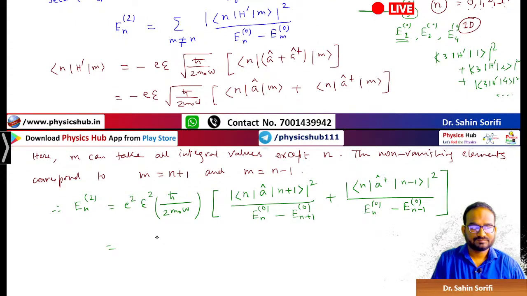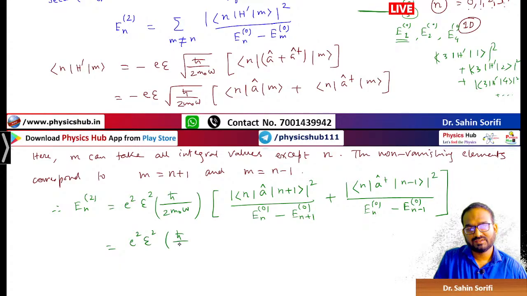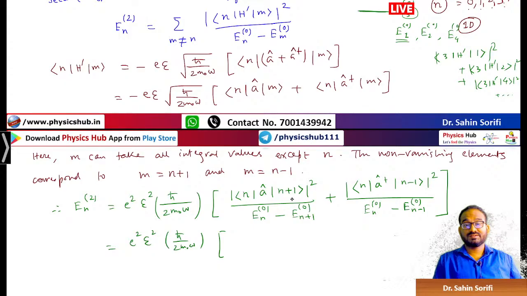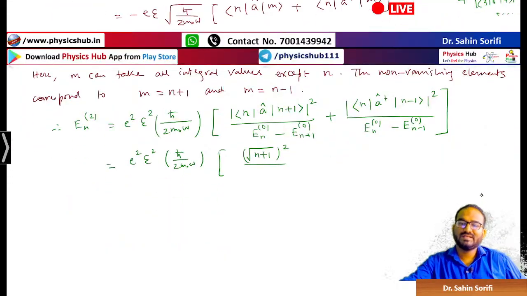So this is equal to, as you can see, e squared h cut by twice m naught omega. What is this term? This is, as you can see, square root of n plus 1, and mod square divided by En0 minus E(n+1)0.